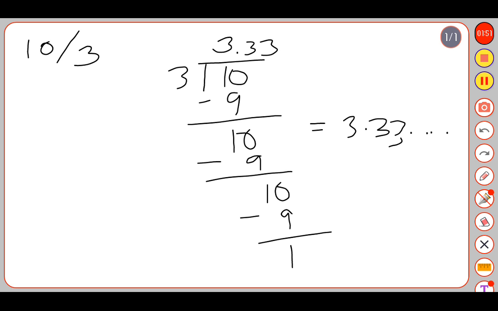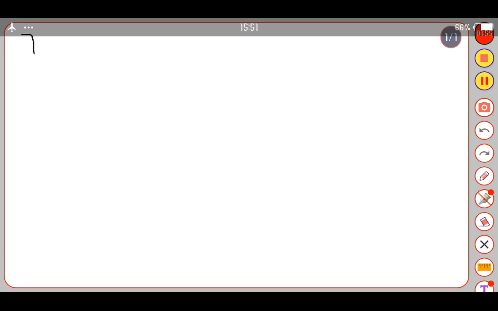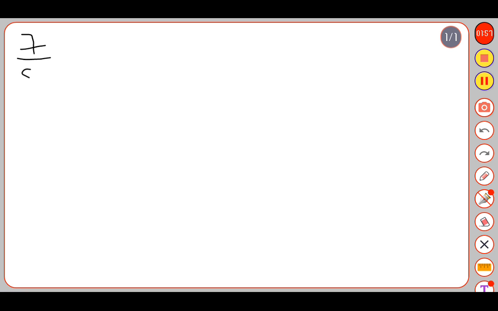Now let's do another one. Suppose 7 by 8. So here 7 and here 8. As 7 is less than 8, so first we will take here point and here 1 0.